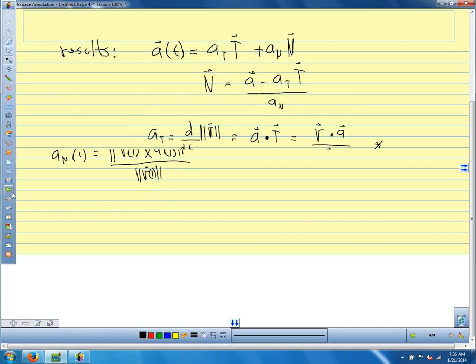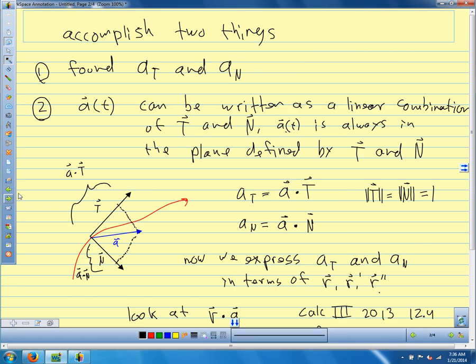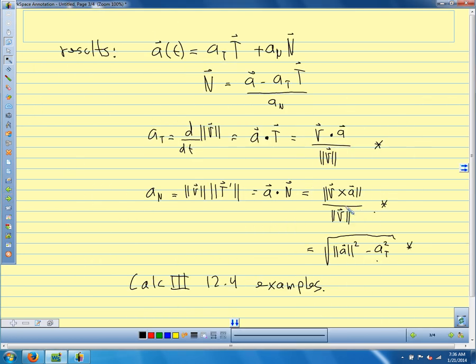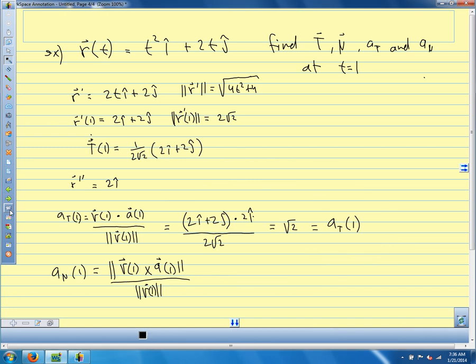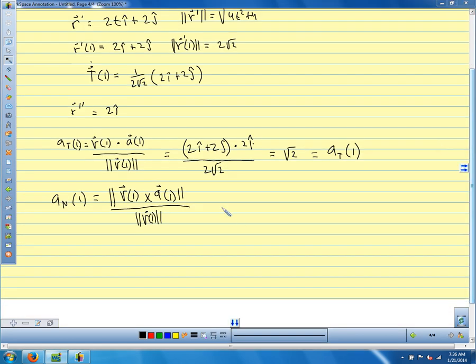So I'm using this expression for our normal component of acceleration. And we found all of these quantities already. So we need to find our velocity at 1 cross our acceleration at 1, then we'll find our magnitude.